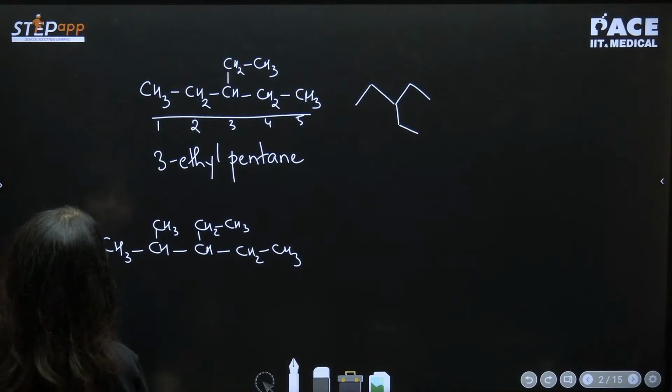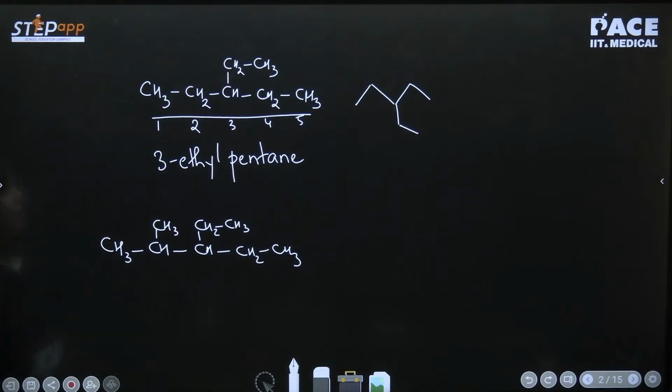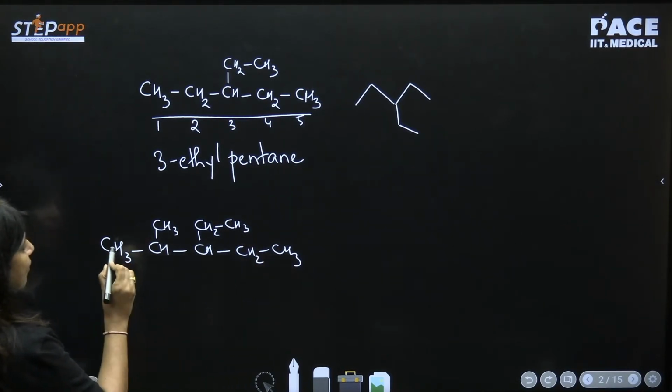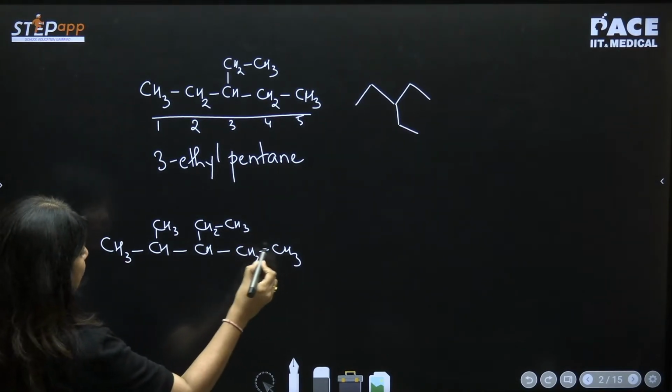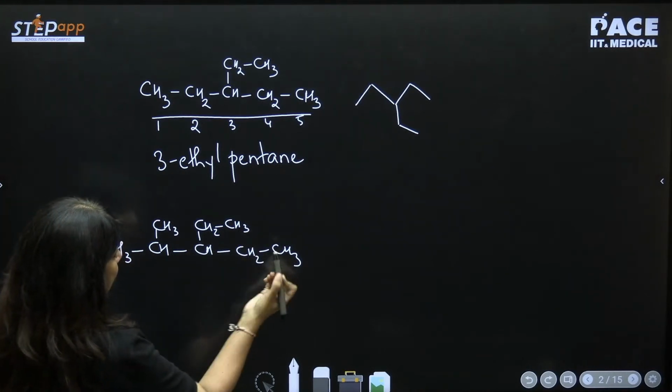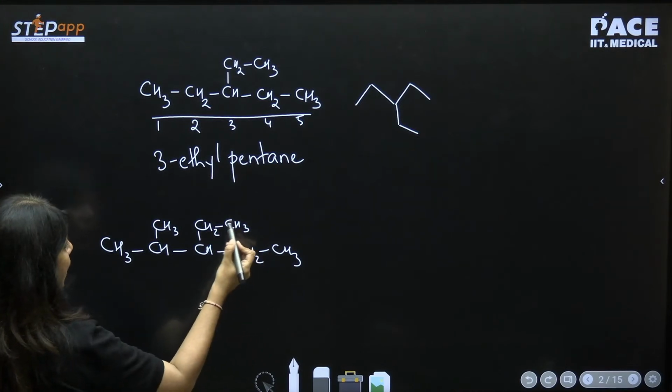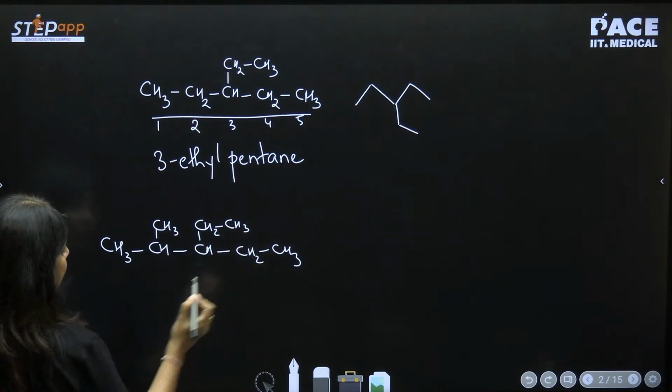Now coming to this compound. The maximum number of carbon atoms I could take in the longest chain is going to be 5. If I take this as the longest chain, I have 1, 2, 3, 4, 5. A 5 carbon chain. What if I take this as the longest chain? 1, 2, 3, 4, 5.